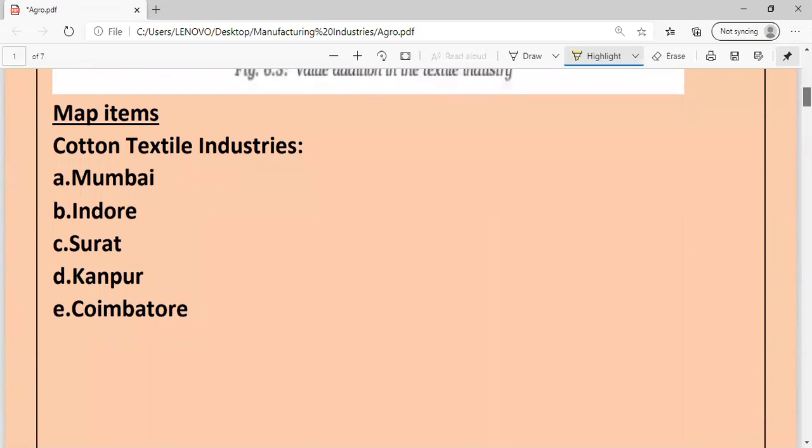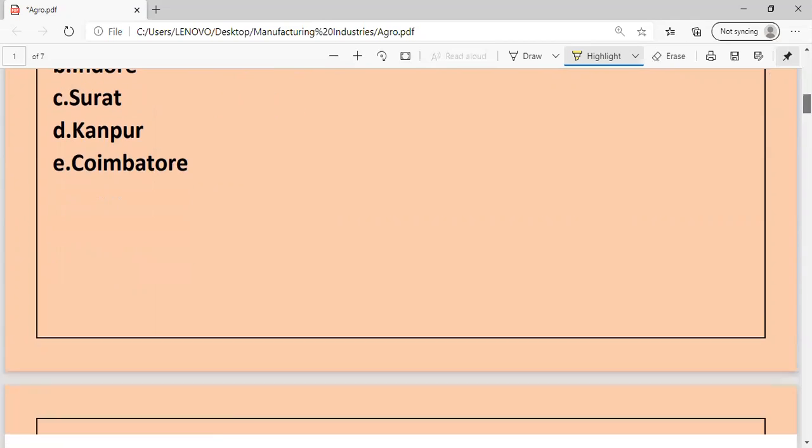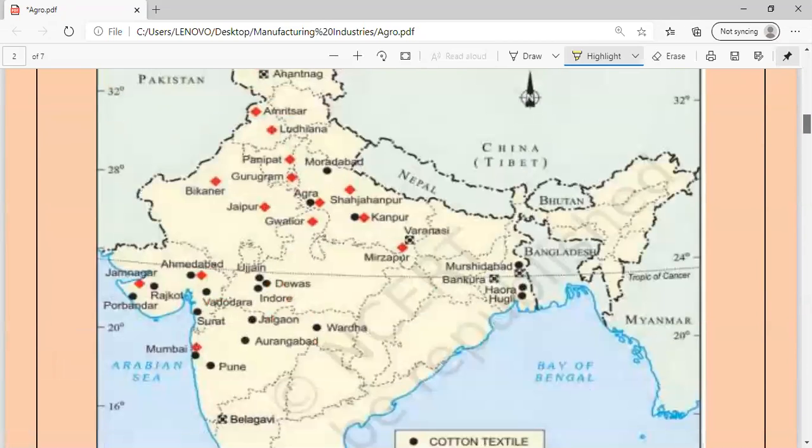This textile industry, the cotton textile industry, is important for map work also. The places you have to learn for map work are Mumbai, Surat, Indore, Kanpur, Coimbatore.